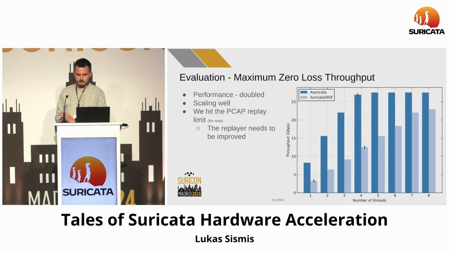Okay, and here are some results. This plot shows basically the scaling of the solution. The x-axis is the number of threads, the number of workers in Suricata, and the y-axis is the throughput.